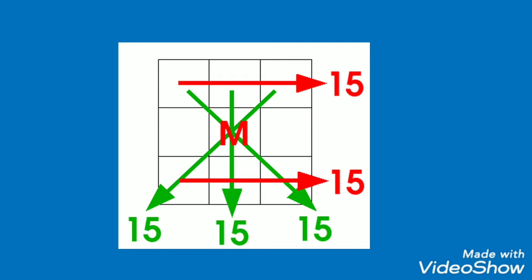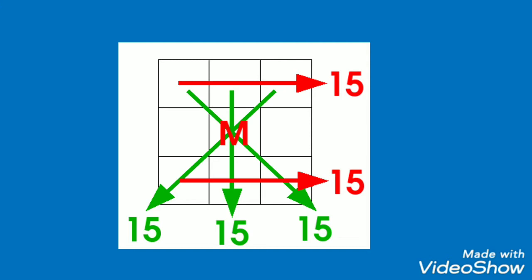And here we can see a number called 15, right? So that means 15 is the constant sum of this magic square. When we add the numbers in the rows, we get 15. When we add the numbers in the columns, we get 15. And when we add the numbers in the diagonals, we get 15.